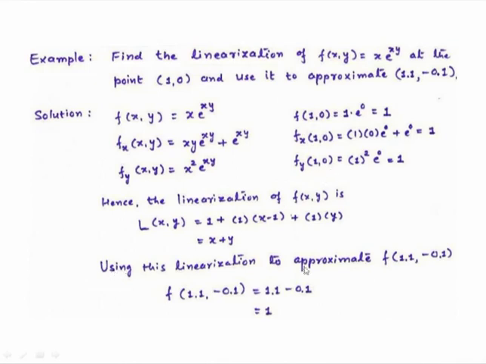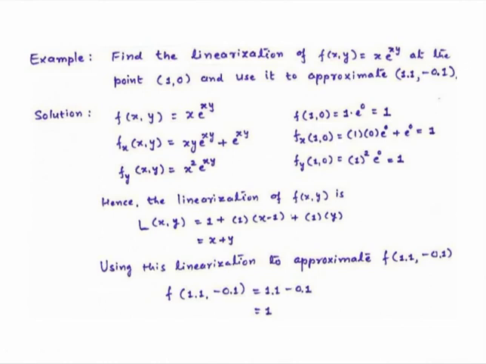Using this linearization to approximate at (1.1, -0.1), we can find the value of f of (1.1, -0.1) as (1.1 minus 0.1), so ultimately we get the value 1.